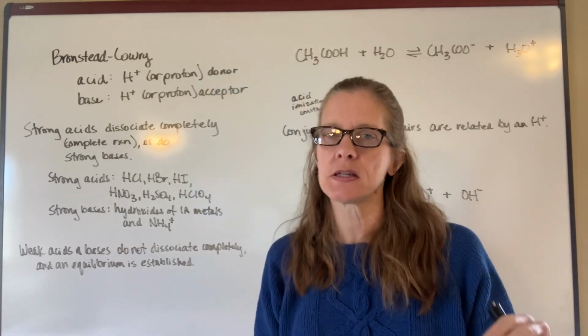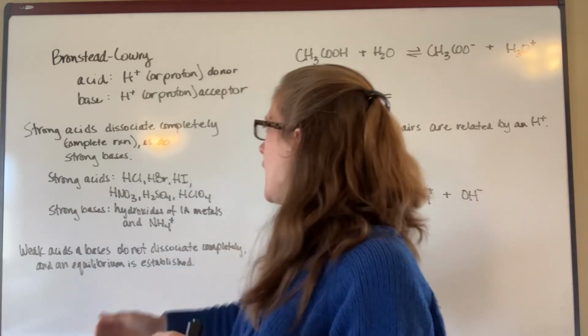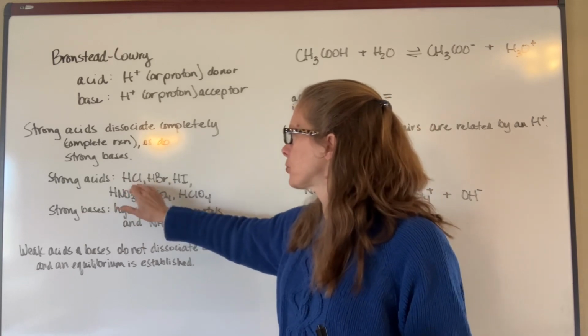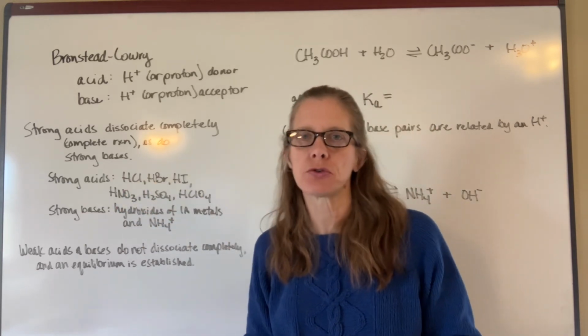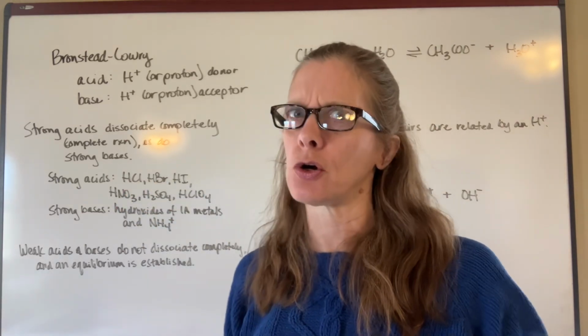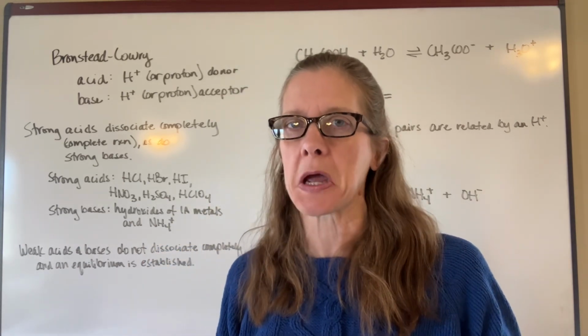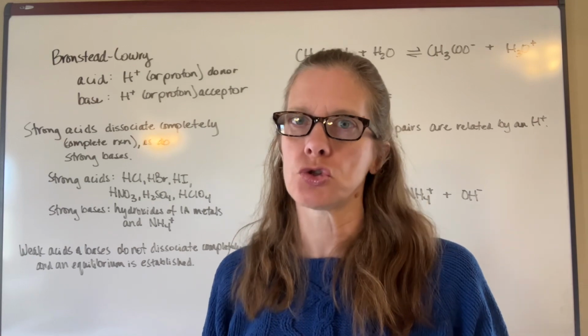The strong acids you will need to have memorized, and so your strong acids are made from 3 of the halogens. You'll remember that hydrofluoric acid, we talked about that earlier. We said hydrofluoric acid is actually not a strong acid because the hydrogen bonding with the fluorine is so strong.